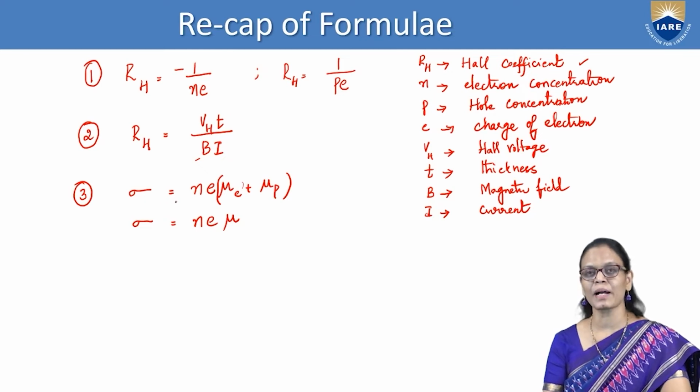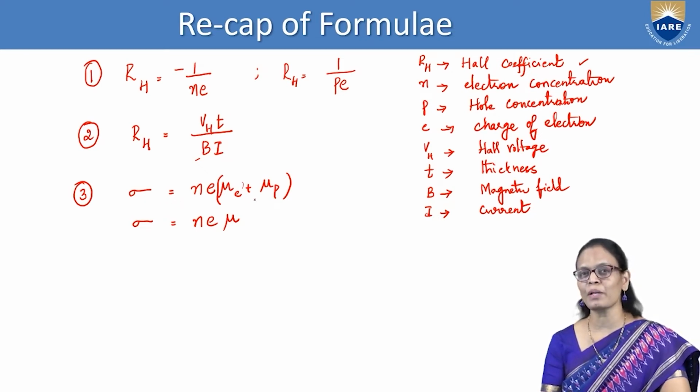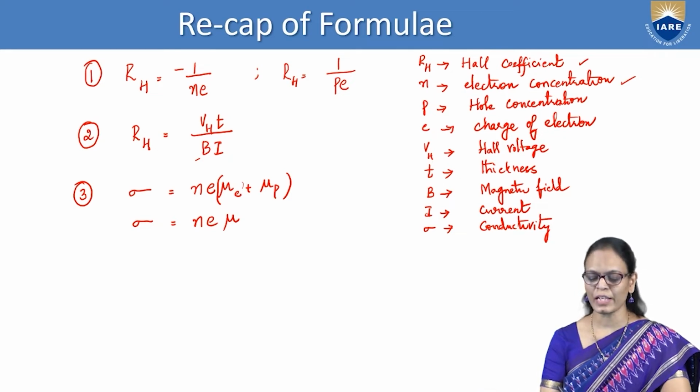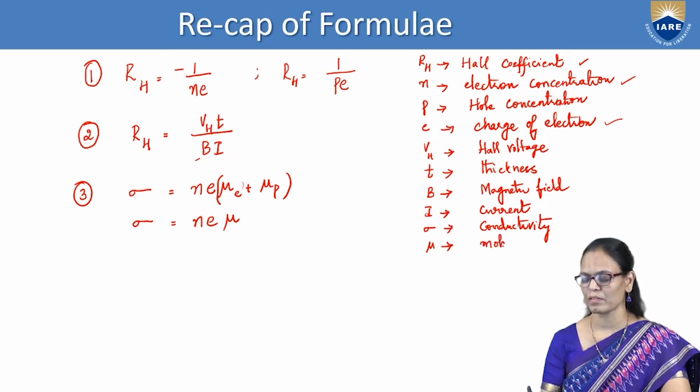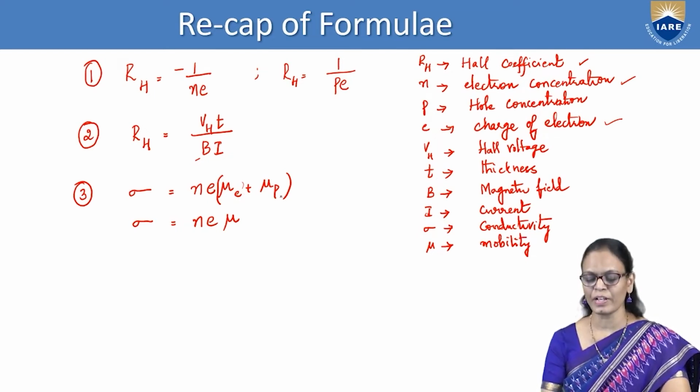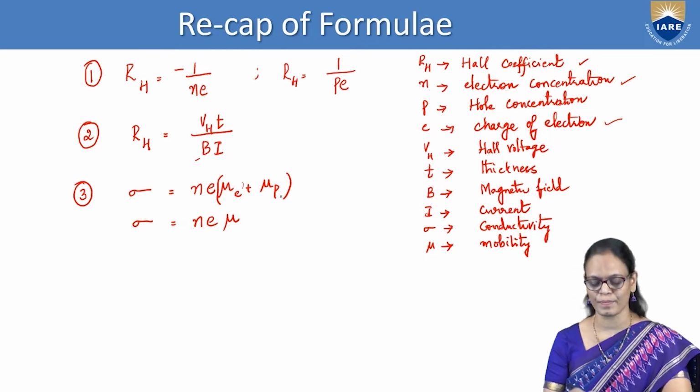What does sigma denote? Sigma is the conductivity. N is the electron concentration, E is the charge of the electron, and mu represents the mobility. The suffix E represents electrons, and P represents holes.